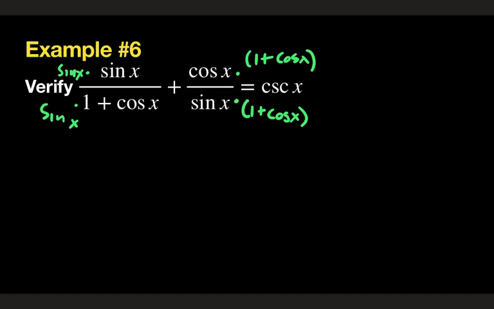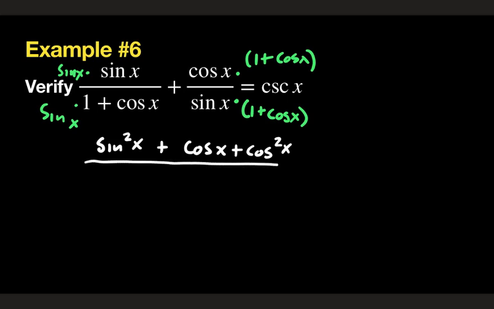That's going to give you sine square x plus cosine x plus cosine square x, and this is all going to be divided by sine x times 1 plus cosine x. And we multiply just to get common denominators.